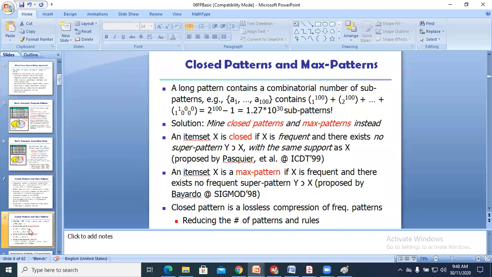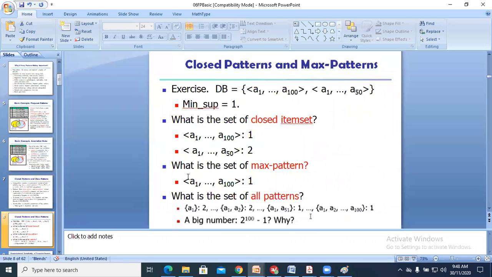So in this way, we will find the maximum pattern. Now, actually, how do the closed item set and the maximum pattern help us to find the value of the frequent patterns?